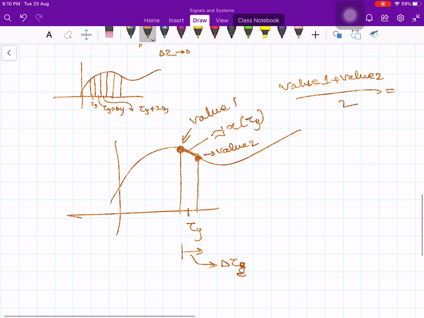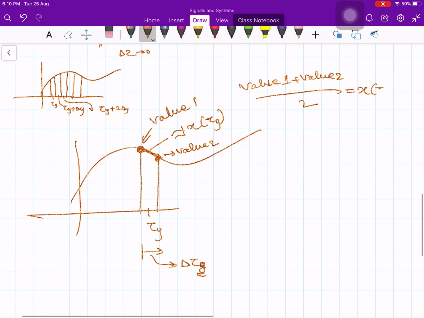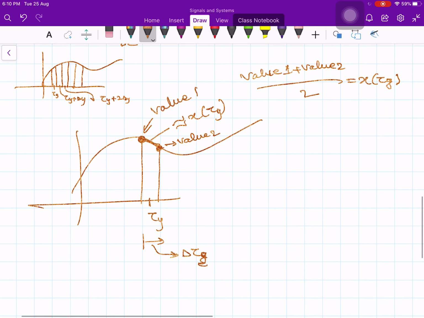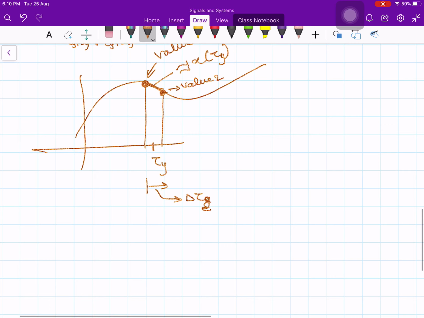Probably you will be studying these things in your mathematics course, especially numerical integration. Therefore, as I said, x of tau y times delta tau is the area under the curve. That is the magnitude of the impulse.